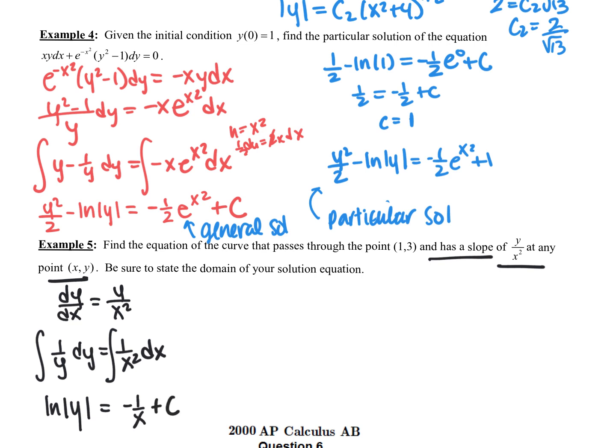You rewrite this as x to the negative 2. Make sure you have that right, antiderivative. And then you can choose. If you would like to find c first, you can try doing that. I think this is a good one to solve for y first. So I recommend solving for y first on this one.